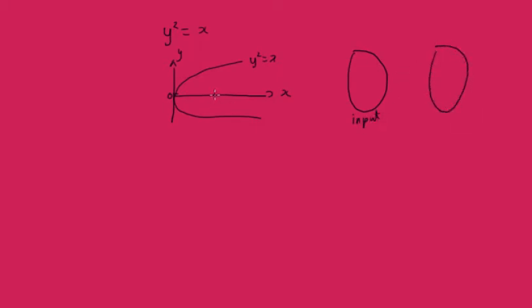Now we're going to look at another graph. We're going to look at y squared equals x. Now this is x, this is y. This looks like this. Now we can see that the input value, so we've got a number here, this input value has two outputs.